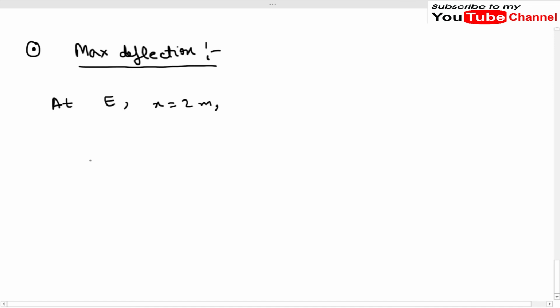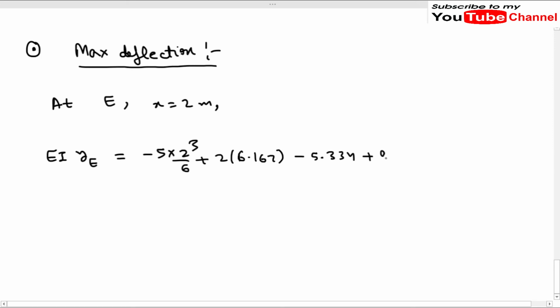After putting the values you will get EI YE = minus 5 into 2 cube by 6 plus 2 into 6.167 minus 5.334 plus 9 into 1 cube by 6 minus 2 into 1 to the power 4 by 12. After solving these values you will get 1.667 divided by EI.